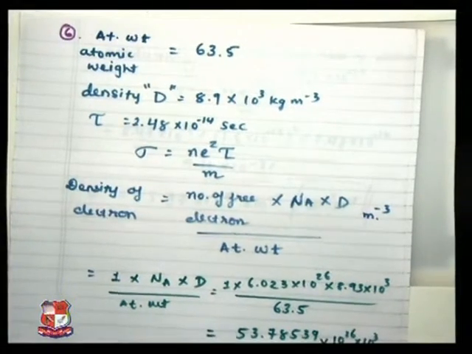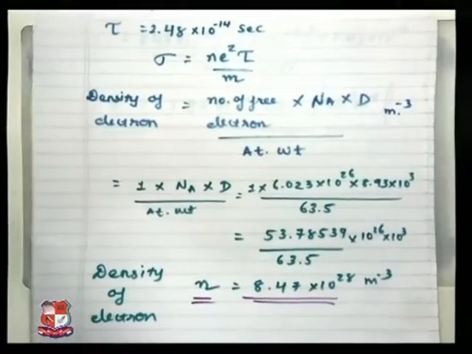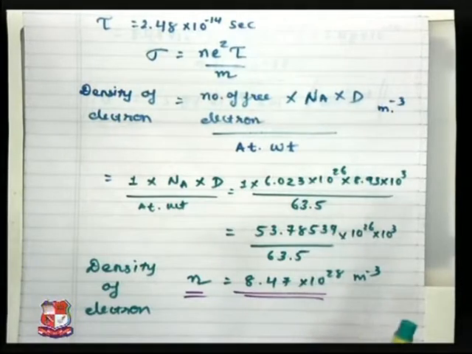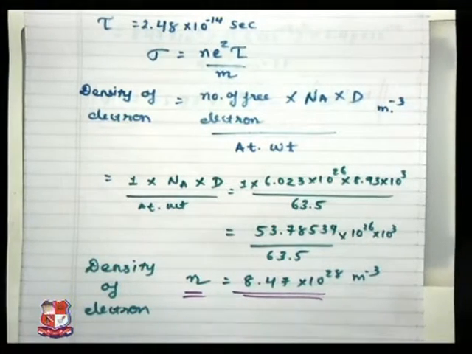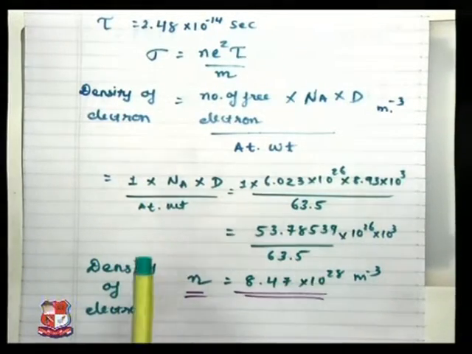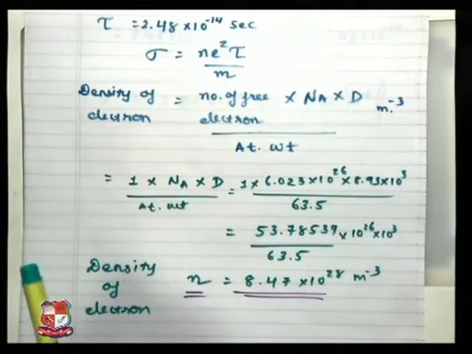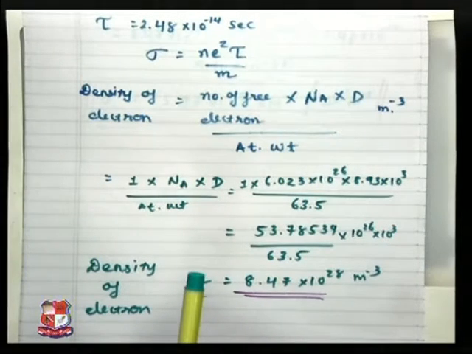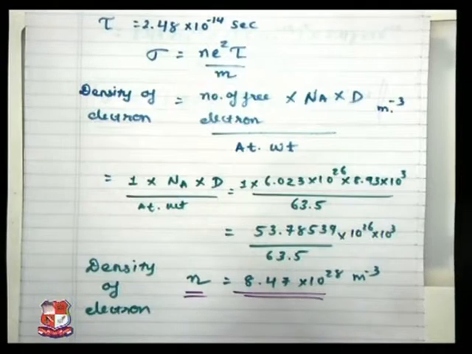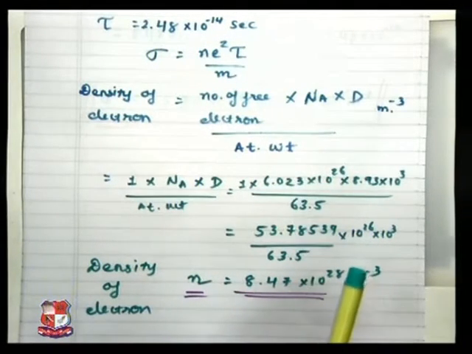Through that we have obtained the value of density of electron, small n, which is equal to 8.47 into 10 raised to 28 meter inverse cube.